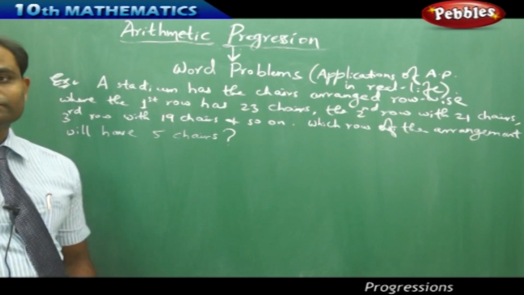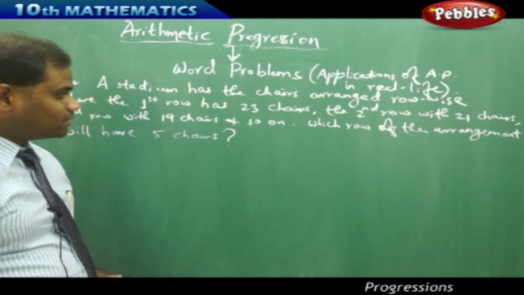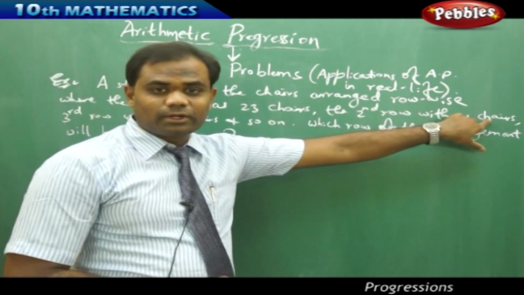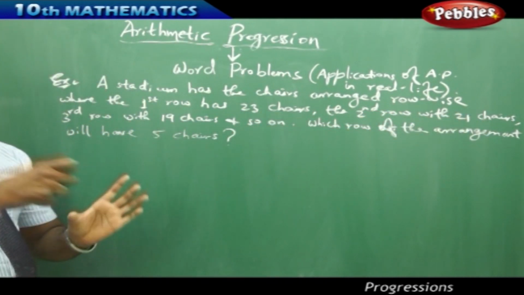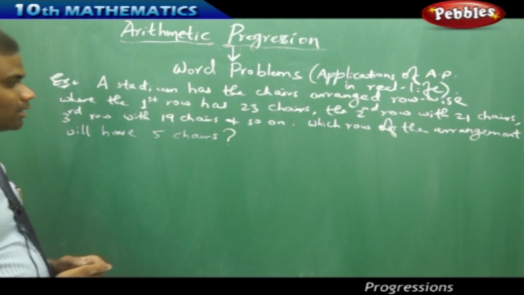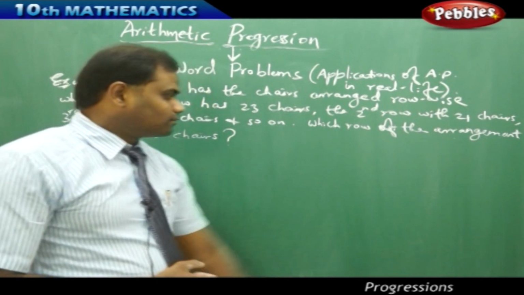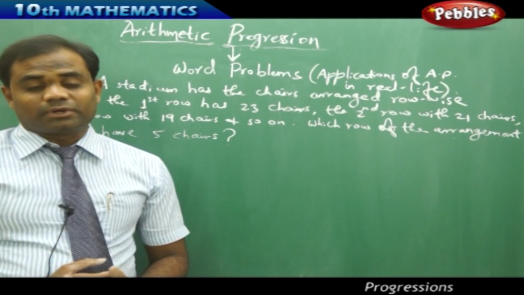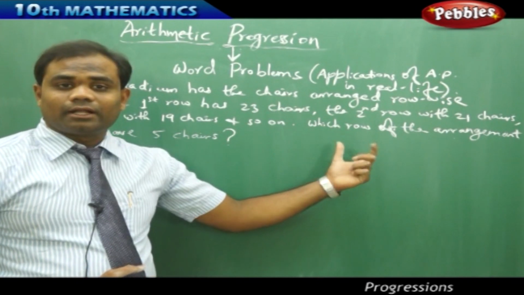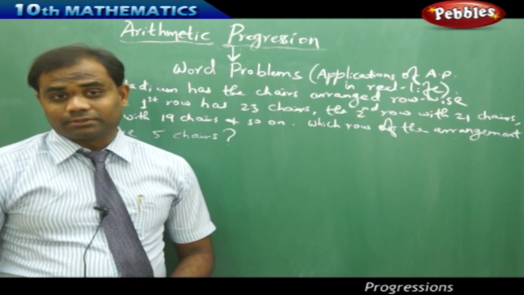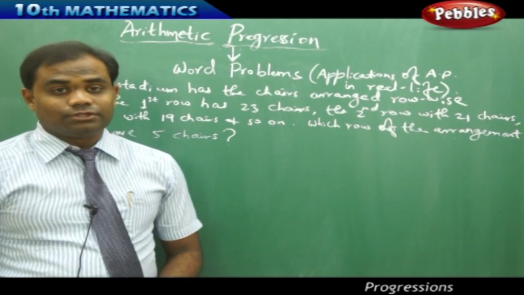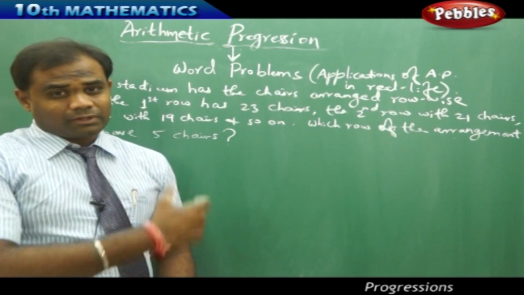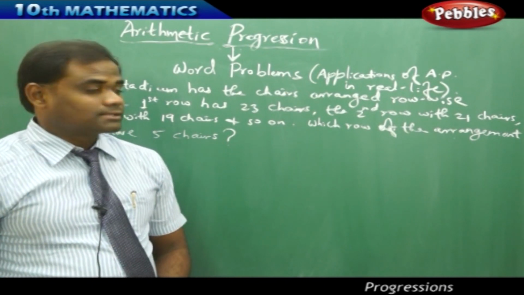In the first row there are 23 chairs, in the second row there are 21 chairs, in the third row it is 19 chairs, getting reduced every row. And the question is, which row of the arrangement will finally have exactly 5 chairs? So this question is purely an application of arithmetic progression. Let's see how we can use arithmetic progression connected to this real life situation of arranging chairs in a row-wise arrangement.